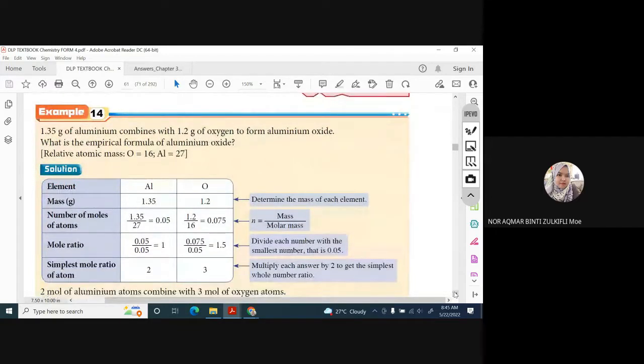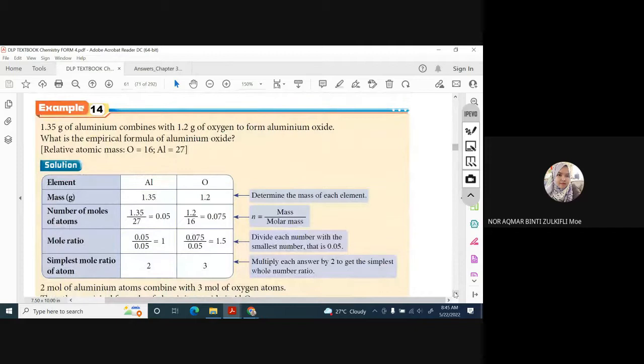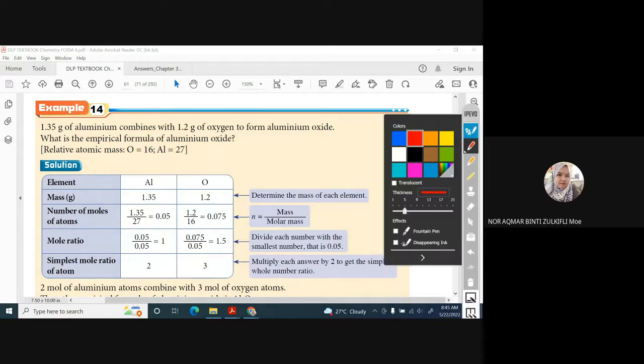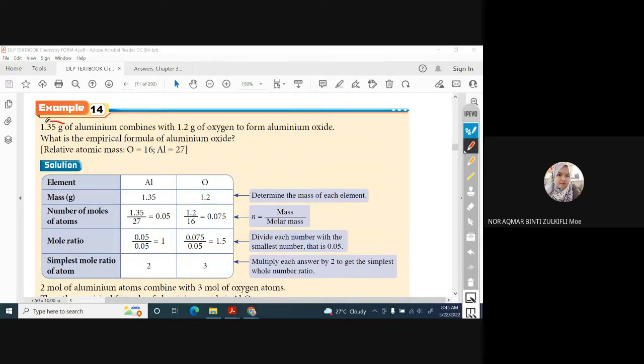Okay, now makin complex lah. Today we already learned earlier the concept of number of mole, right? Mass over molar mass. So since we have mass here, you tengok tak ada volume here. Ada bagi mass, then you want to find empirical formula.